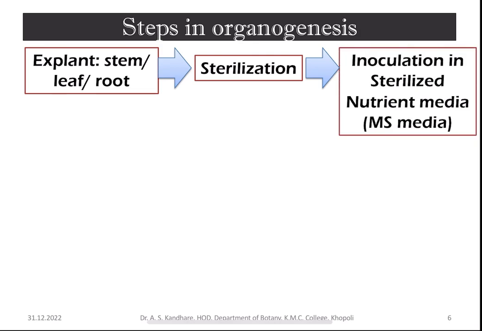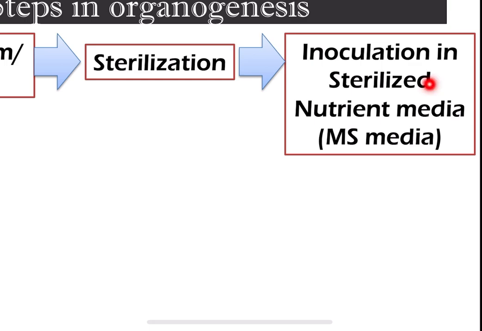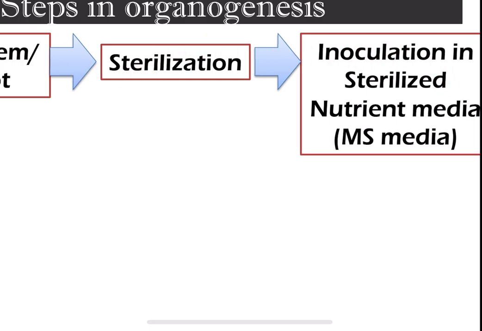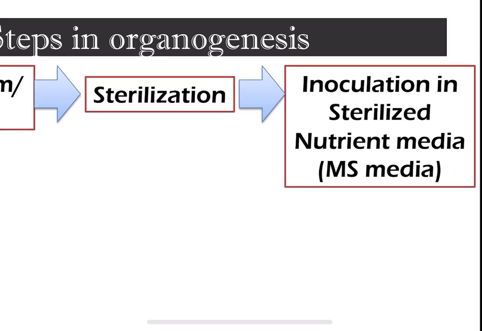So after sterilization, there is one process called inoculation. So you have to introduce this explant, first sterilized, and this sterilized explant is introduced into nutrient media under proper condition. That is called inoculation in sterile nutrient media, that is MS media, Murashige and Skoog media.